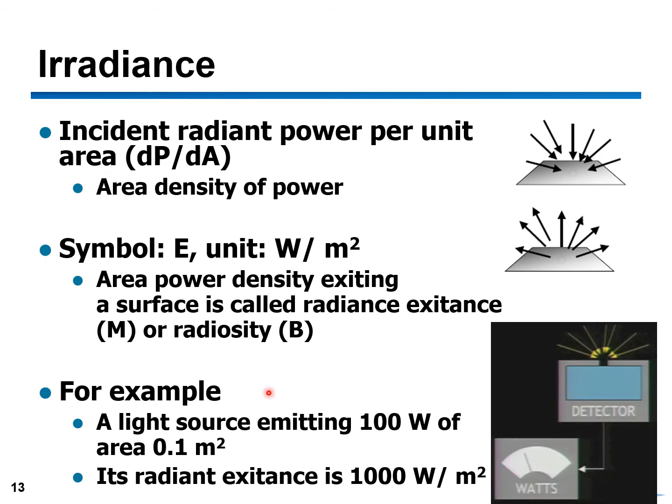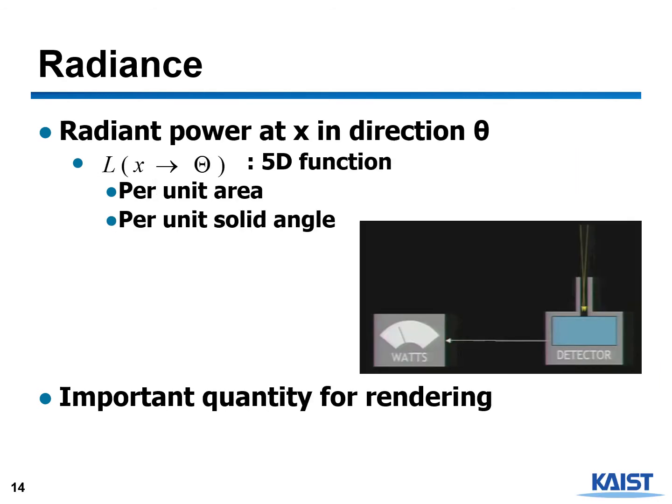Typically we can say it like this: a light source emitting 100 watts with an area of 0.1 meter square has a radiant excitance, basically irradiance, of 1,000 watts per meter square. So anyway, irradiance or radiosity is a kind of pure, direction-independent energy arriving at a particular point.